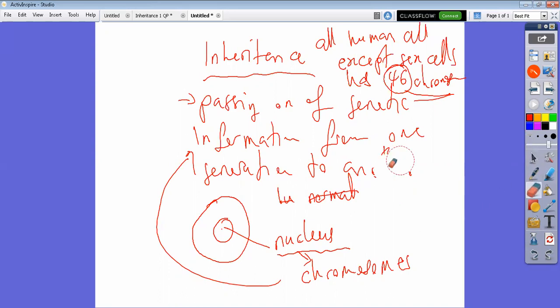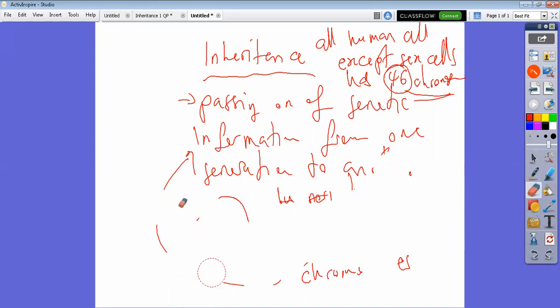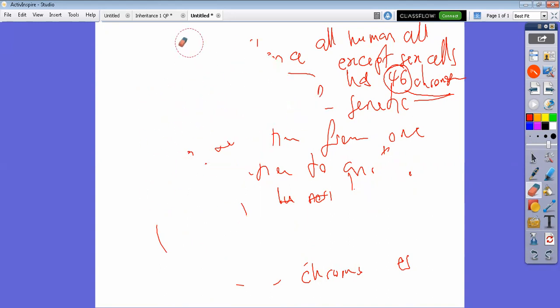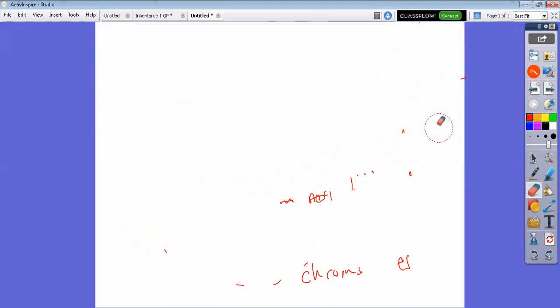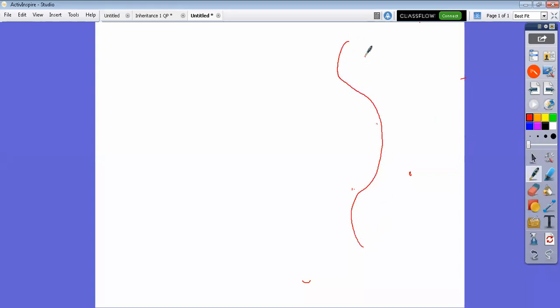In terms of your chromosomes, let me try to draw a diagram here. You've seen in many textbooks something that is coiled, maybe in different shapes.